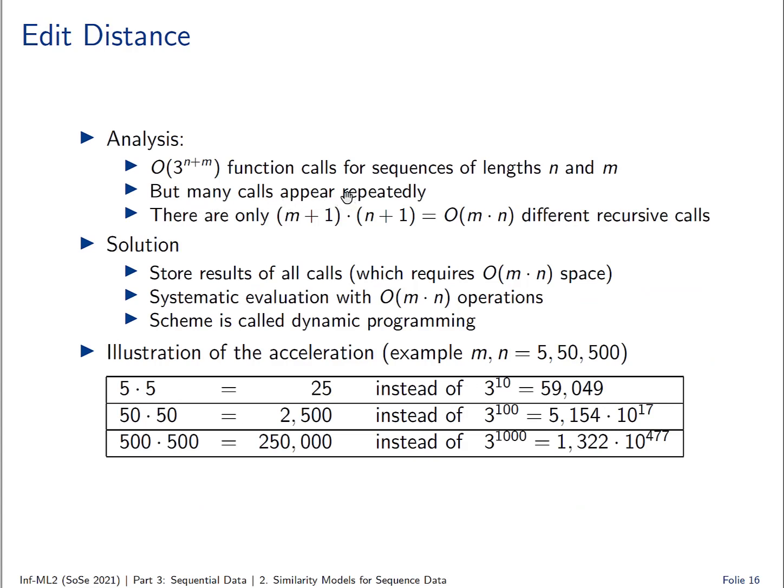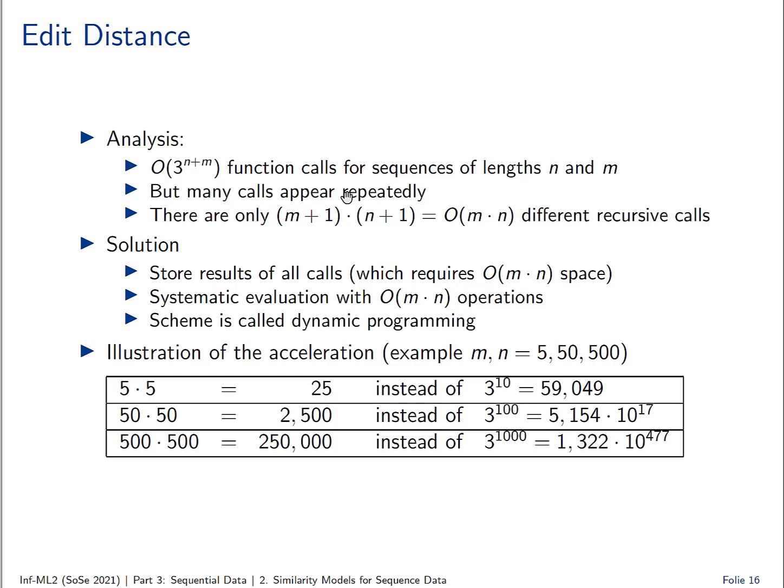And actually, if we think about it, we want to align elements from one of the sequences of length m to all of the elements of length n. So how many different possibilities do we have?